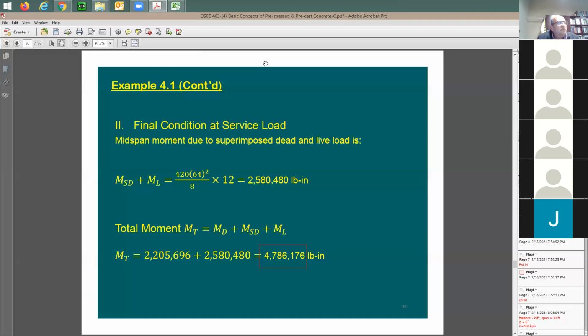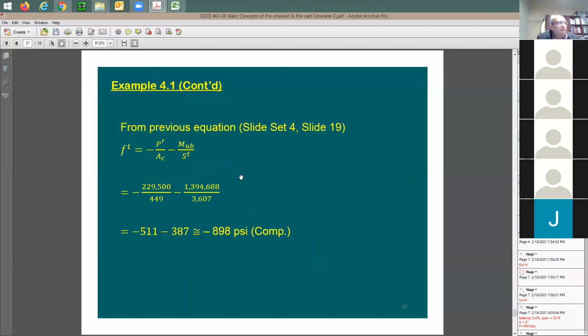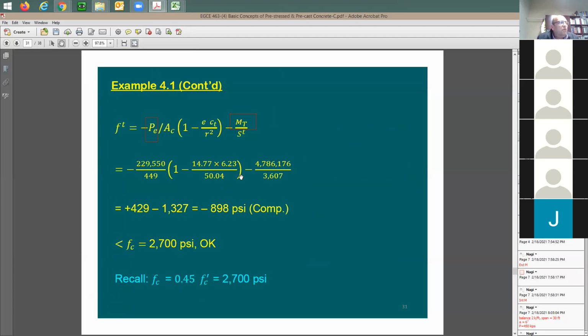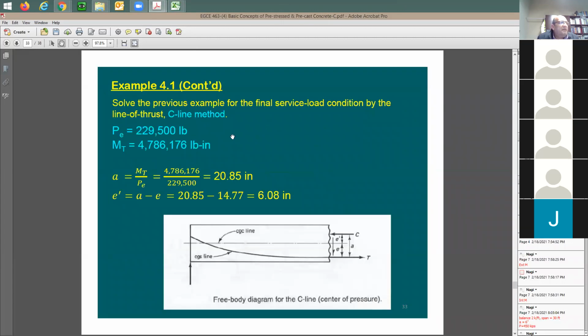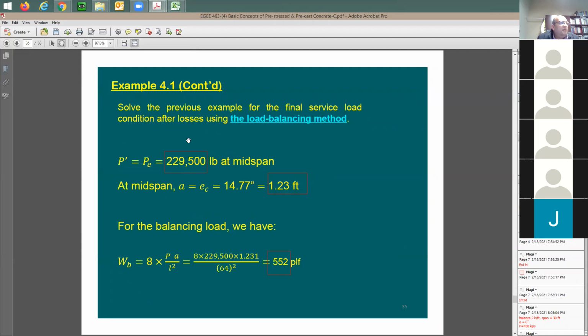Initial pre-stress. Where is this? How do you see it here? Let me go back to this one here. We do it by the C line and then we do it by the load balancing method. This P prime, what is this? It's gonna be at the time of effective, right? At the service level. So it's gonna be P effective.